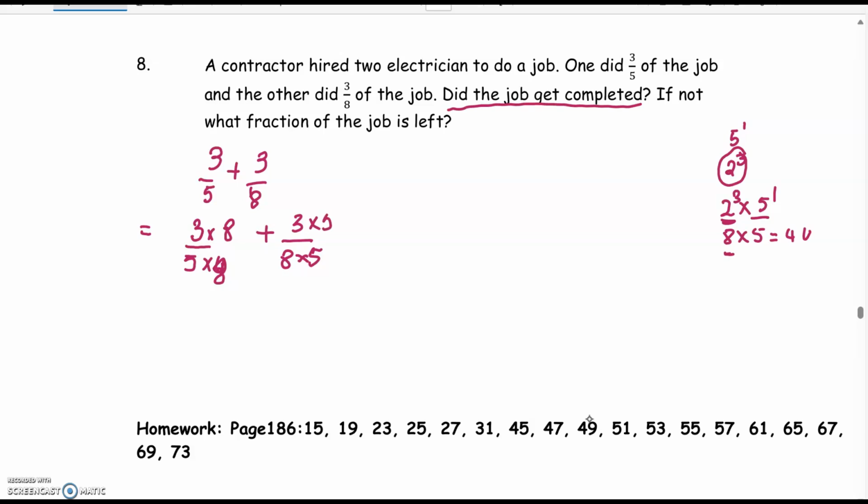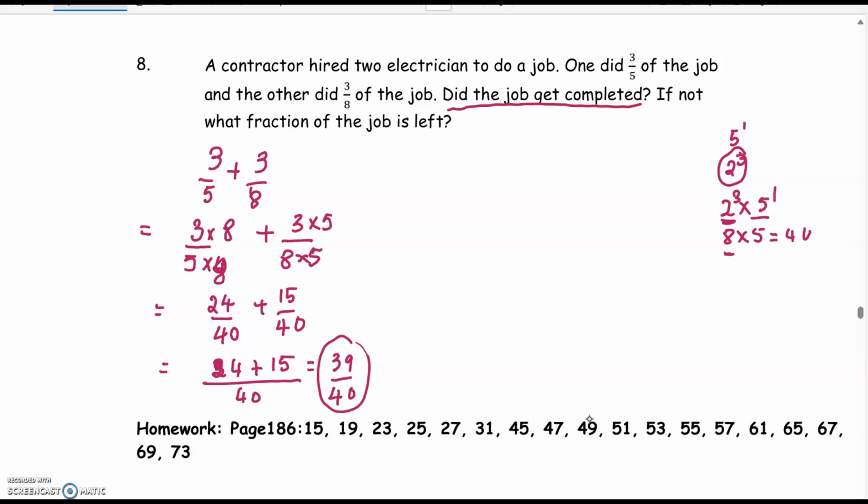And multiply the numerator with the 5 as well. 8 3s are 24, 5 times 3 is 15. Now when you add it, let's do the intermediate step, 24 plus 15 over 40, which is equal to 39 over 40.